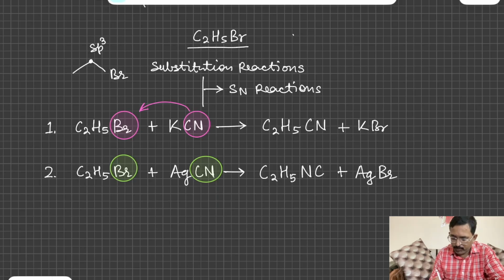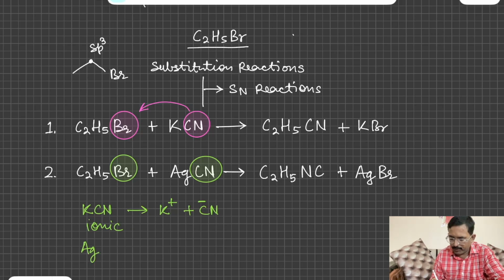When we talk about KCN, KCN is an ionic compound, and because of being ionic, it forms K plus and CN minus, where carbon has a negative charge, and that's why cyanide is a nucleophile working here.